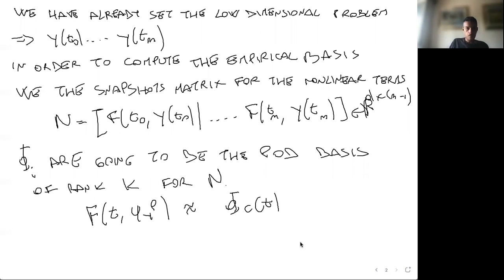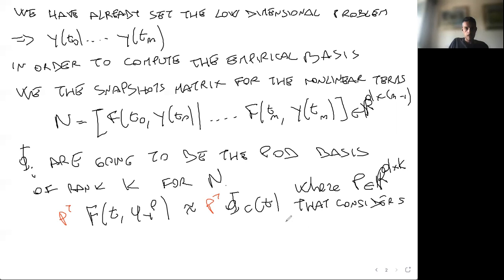Okay, I can multiply on the left by a matrix P transpose, where P is a matrix which is D by k and that considers k columns of the D by D permutation matrix.